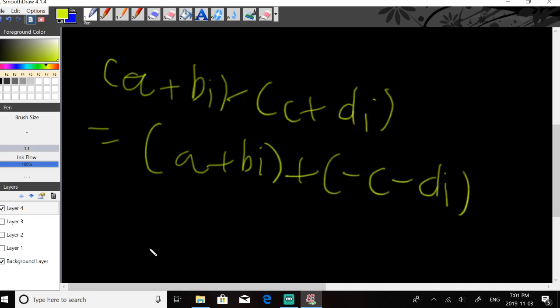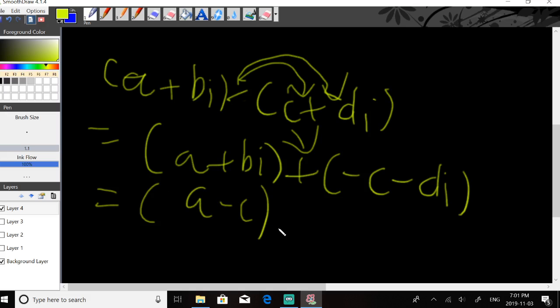So basically what you did is just get this minus going to here, and then you got this answer, and this is equal to a minus c plus b minus d i.